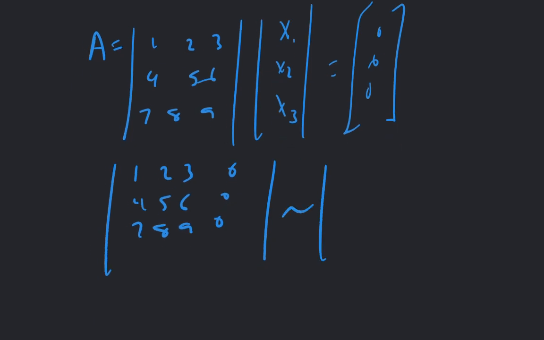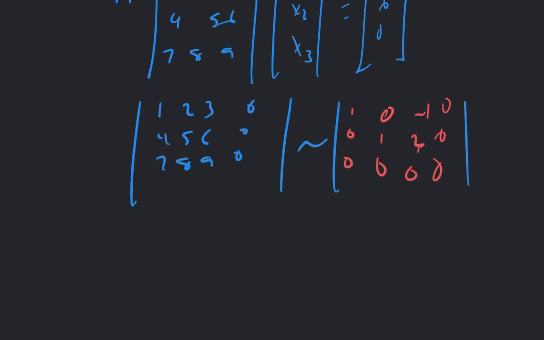So when we row reduce, we get 1, 0, negative 1, 0, 0, 1, 2, 0, 0, 0, obviously zeros for the last column.